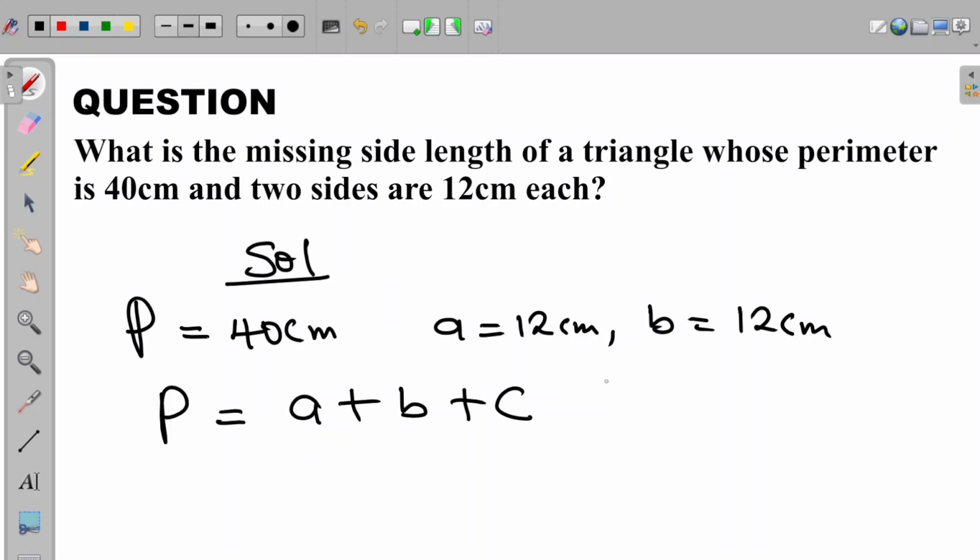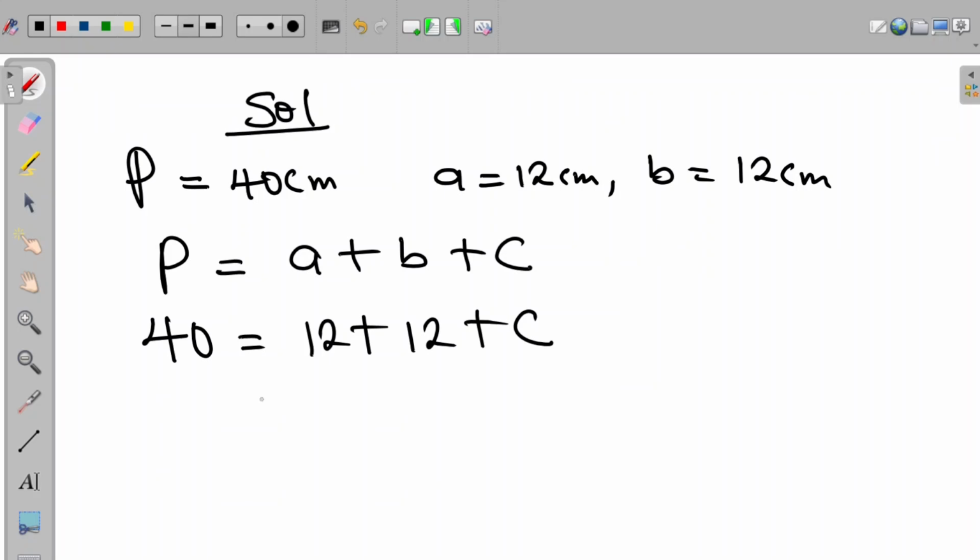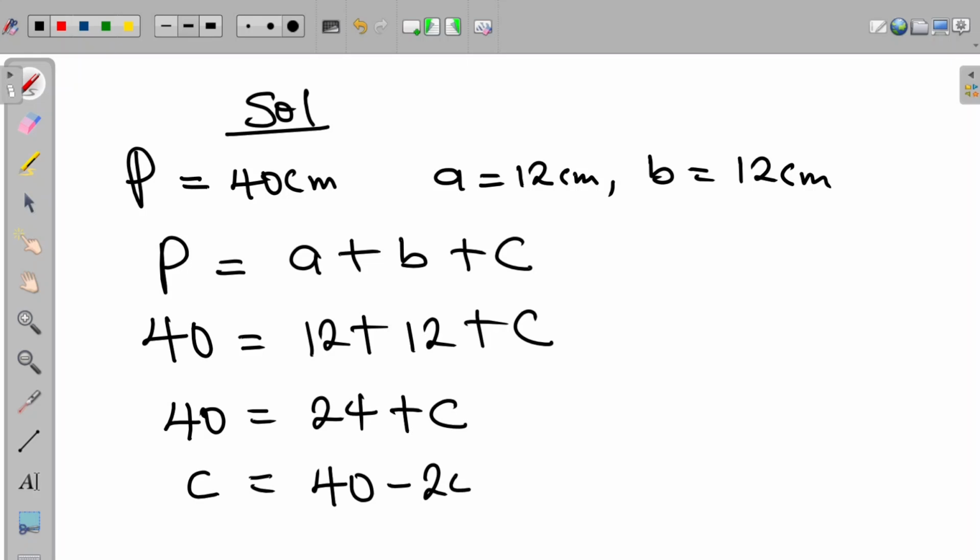If we substitute the values into the equation, it becomes 40 equal to 12 plus 12 plus C. So we have that 40 is equal to 24 plus C. So C becomes 40 minus 24, which is equal to 16. Thus, the side that is missing is equal to 16 cm.